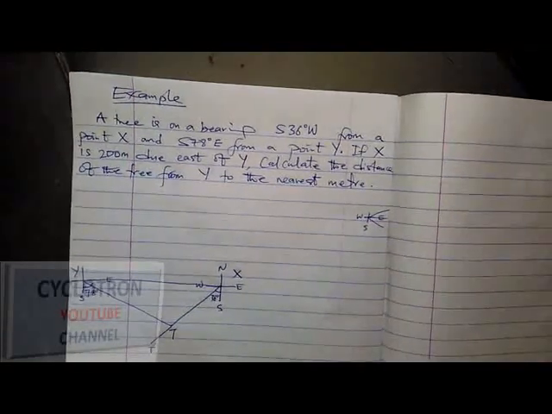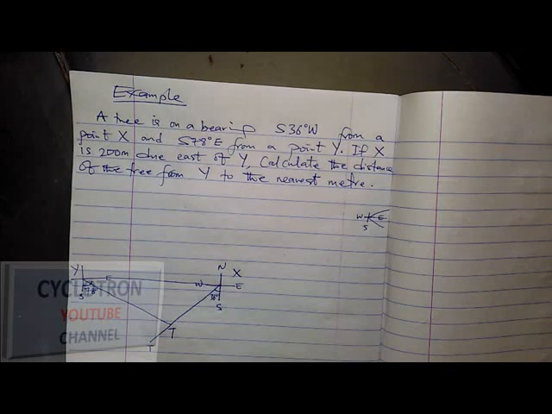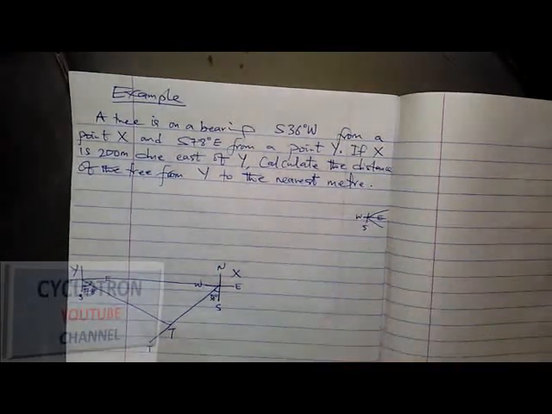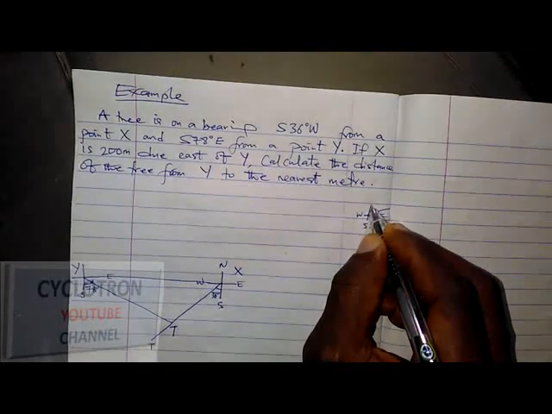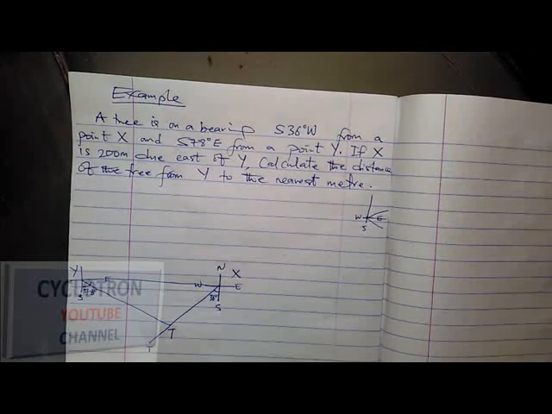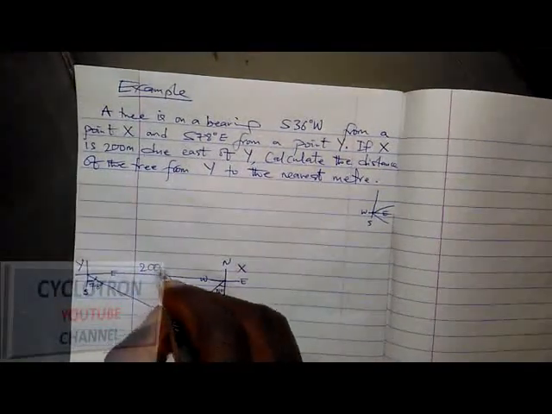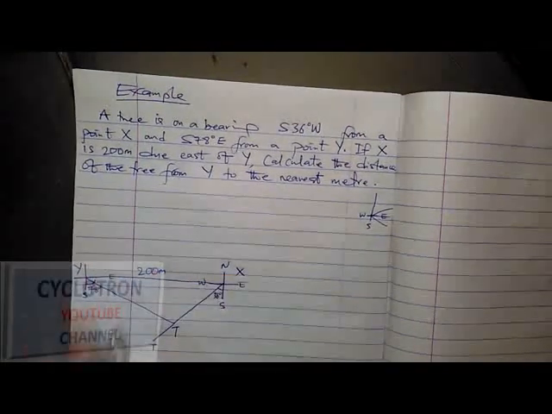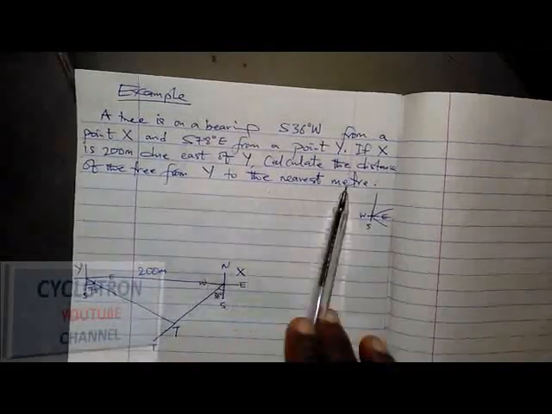When you hear due west, that means you go to the western axis and continue on that line. You hear due north, you go straight at the north on the axis. Now they said it is 200 meter due east of Y. Now calculate the distance of the tree from Y to the nearest meter.